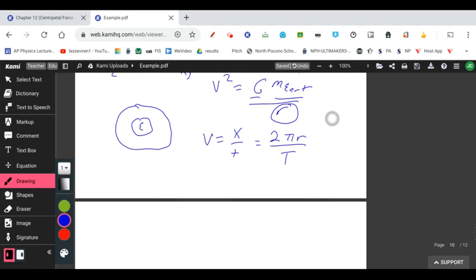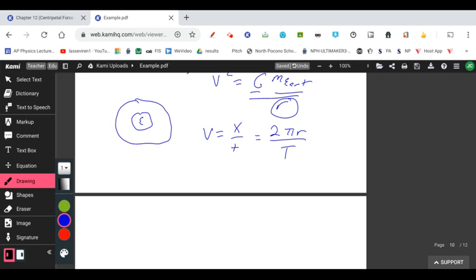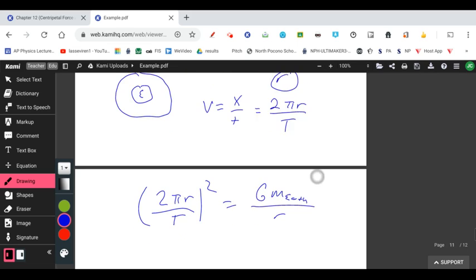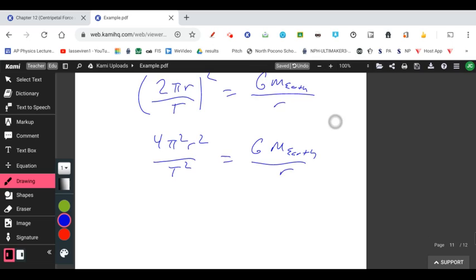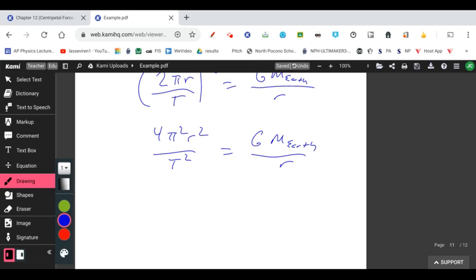So we simplify this thing down one more time by doing something like 2 pi r divided by t, the whole thing squared, that was our velocity, is equal to G, the mass of the Earth, divided by R. And so we square this out. We get 4 pi squared r squared over t squared is equal to G, the mass of the Earth, divided by R. We're looking for R, so I'm going to bring R this way.